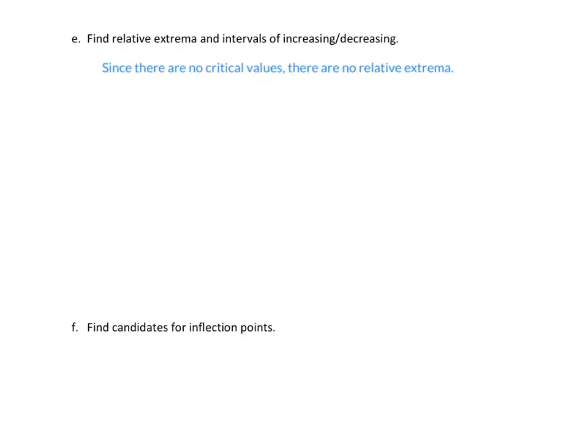Next, we want to find any relative extrema and the intervals of increasing and decreasing. Relative extrema are relative maxes and relative mins. Since there are no critical values, there are no relative extrema, because any relative max or min occurs at critical values. In order to find intervals of increasing or decreasing, we will use our vertical asymptote, x = -1.